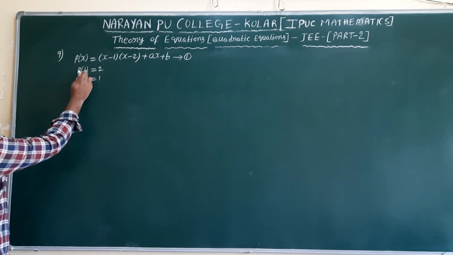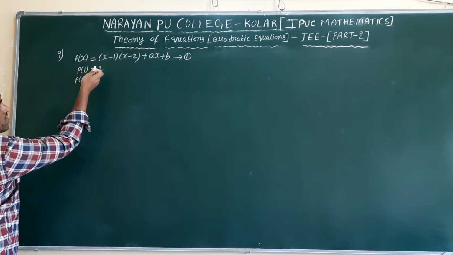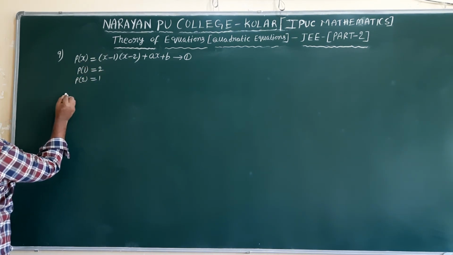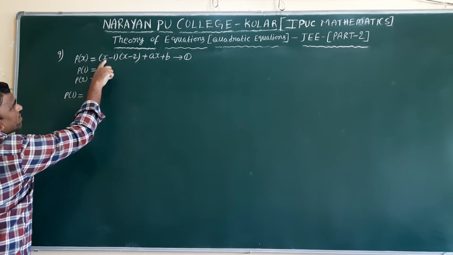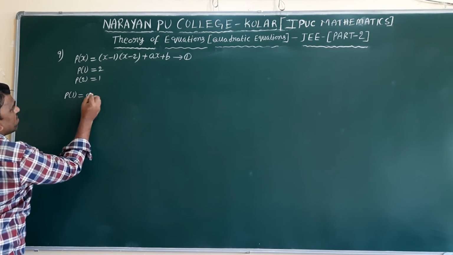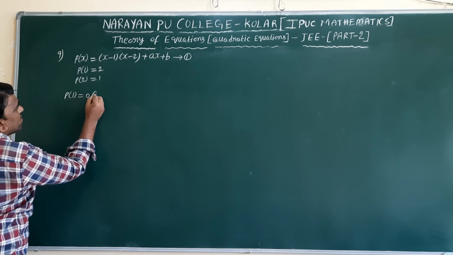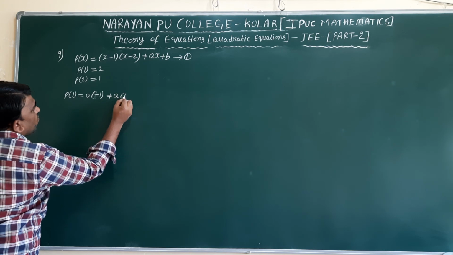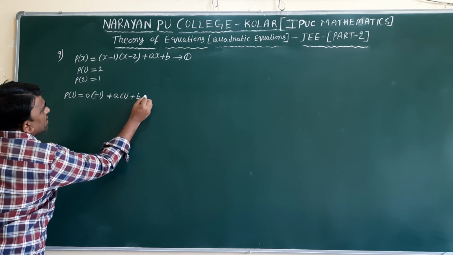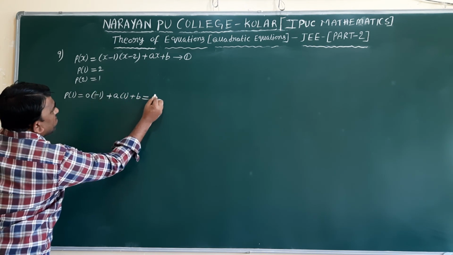So p of 1 equal to 2. In p of x, wherever x is there, substitute 1. So p of 1 equal to, in place of x, substitute 1: 1 minus 1 is 0, 1 minus 2 is minus 1, plus a into 1 plus b is equal to, what is p of 1 value? 2.